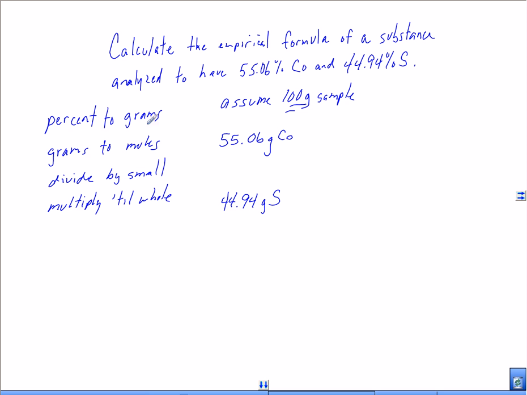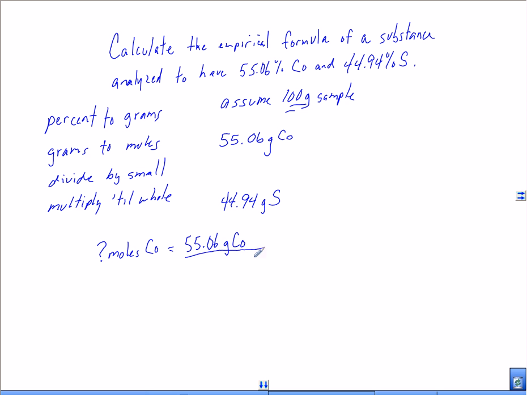Okay, what's the next step? The next step says grams to moles. Well, that sounds like a conversion that we need to do. So grams to moles means we want to know how many moles of cobalt are in our 55.06 grams of cobalt.